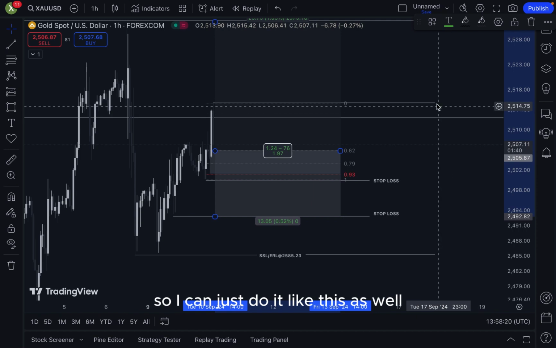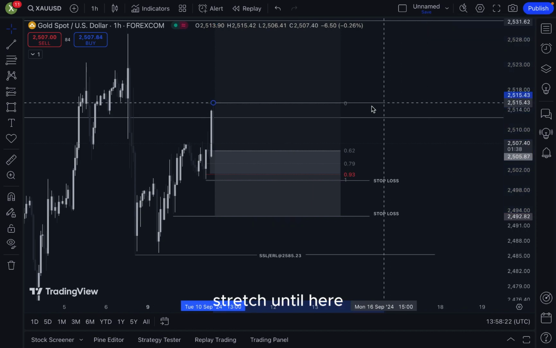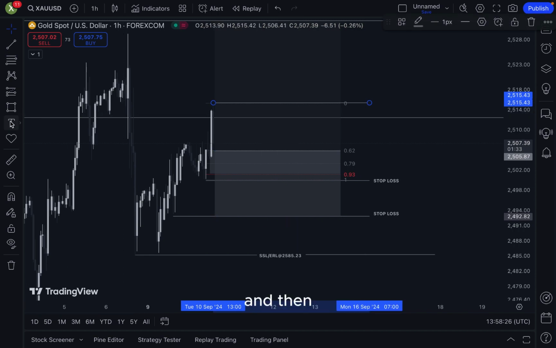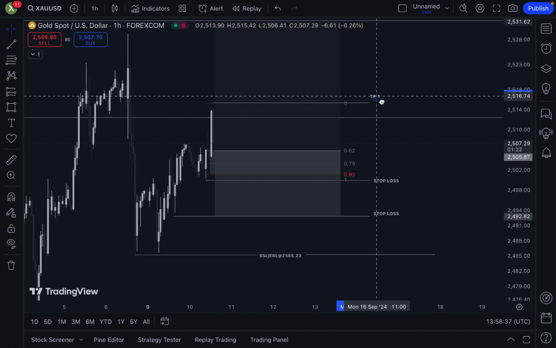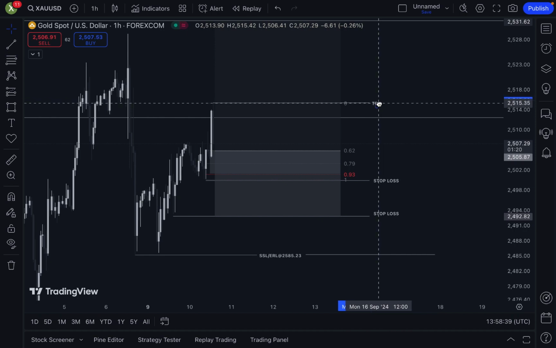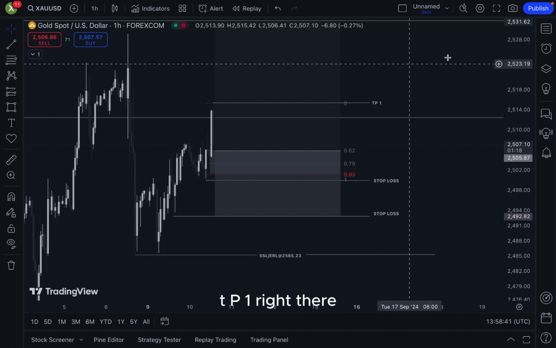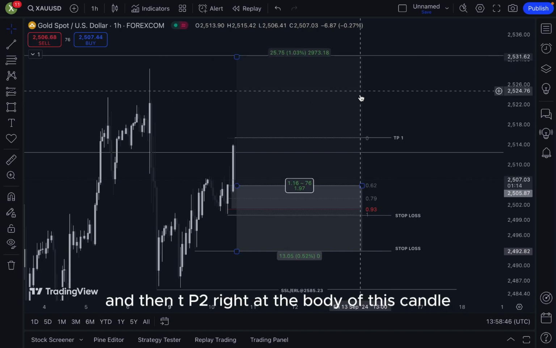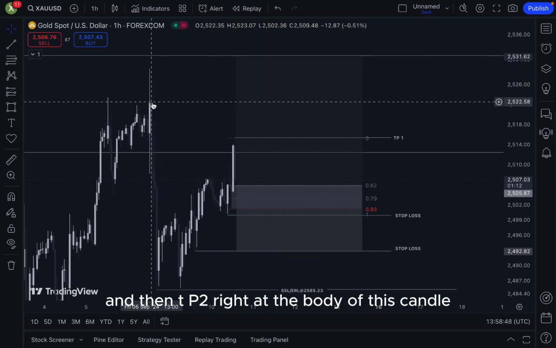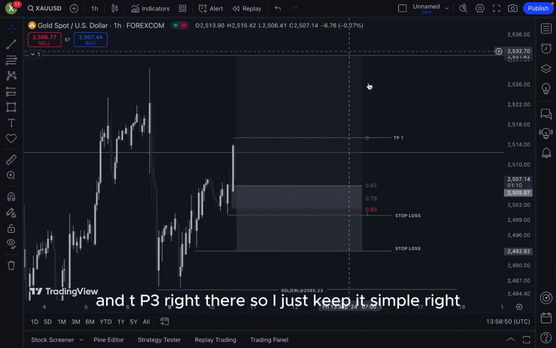So I can just do it like this as well, stretch until here, and then TP1 right there, and then TP2 right at the body of this candle, and TP3 right there.